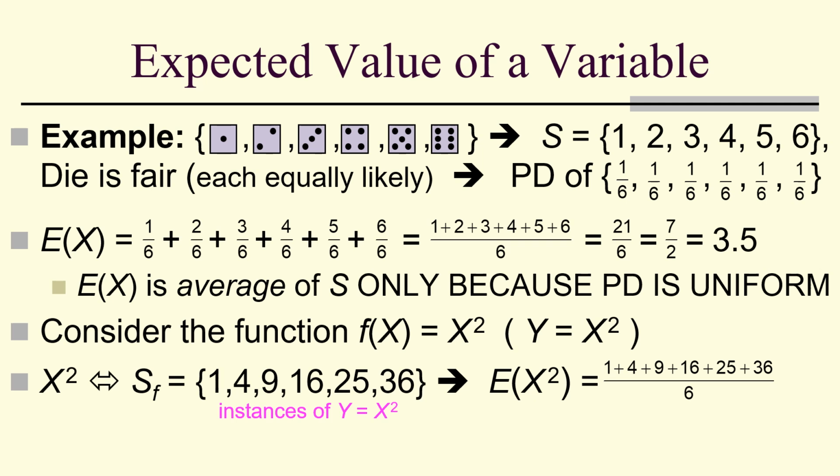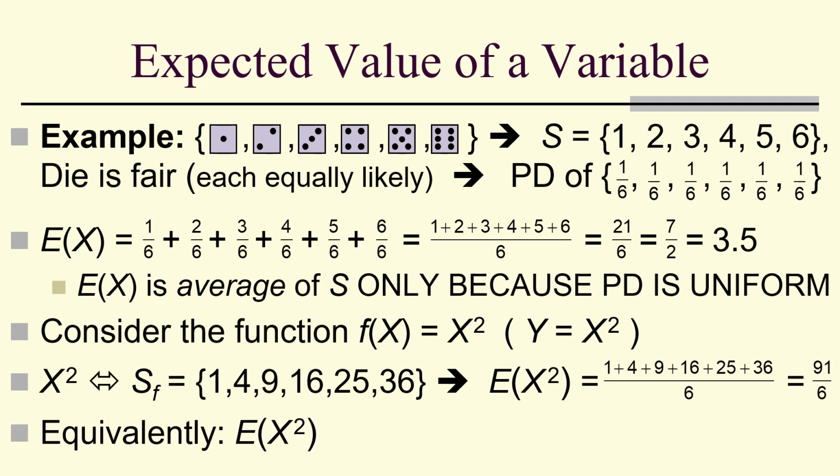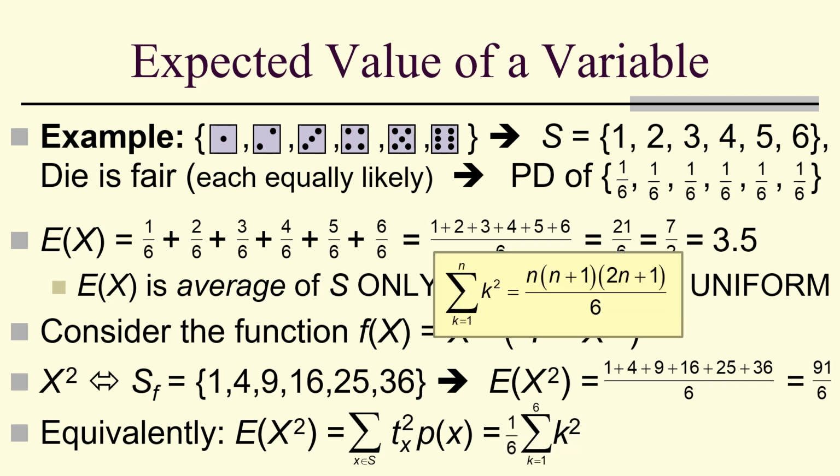Notice we're back to our fair die. That's 91 over 6. Equivalently, the expected value of x squared is the sum over x in S of t sub x squared p of x, which is the sum k equals 1 to 6 of k squared times a sixth. Move a sixth out here in front. There's a formula for the sum k equals 1 to n of k squared. Insert that formula. We get 91 over 6.